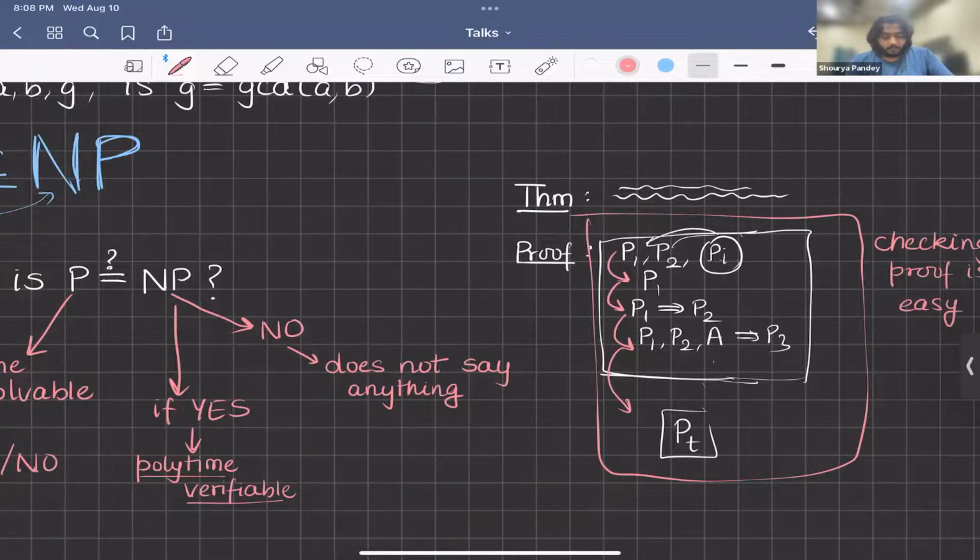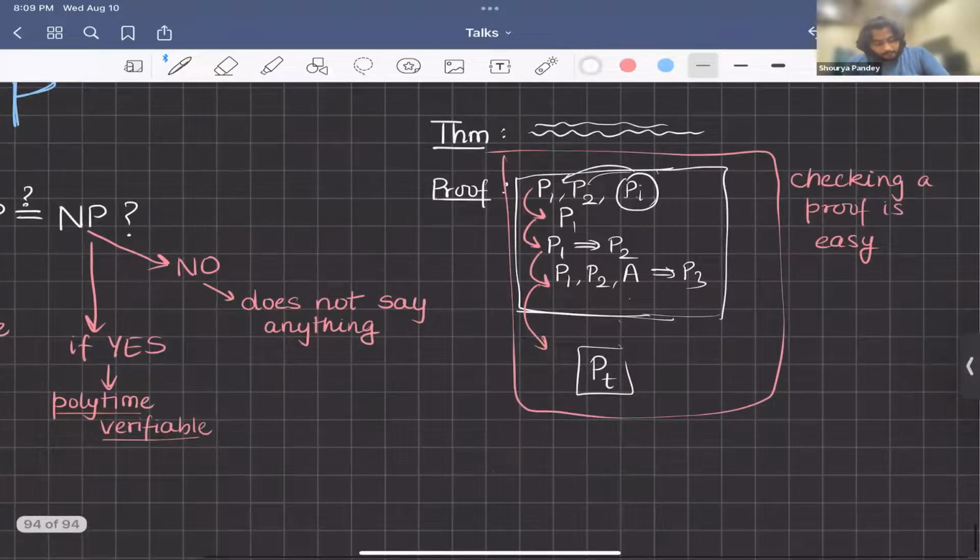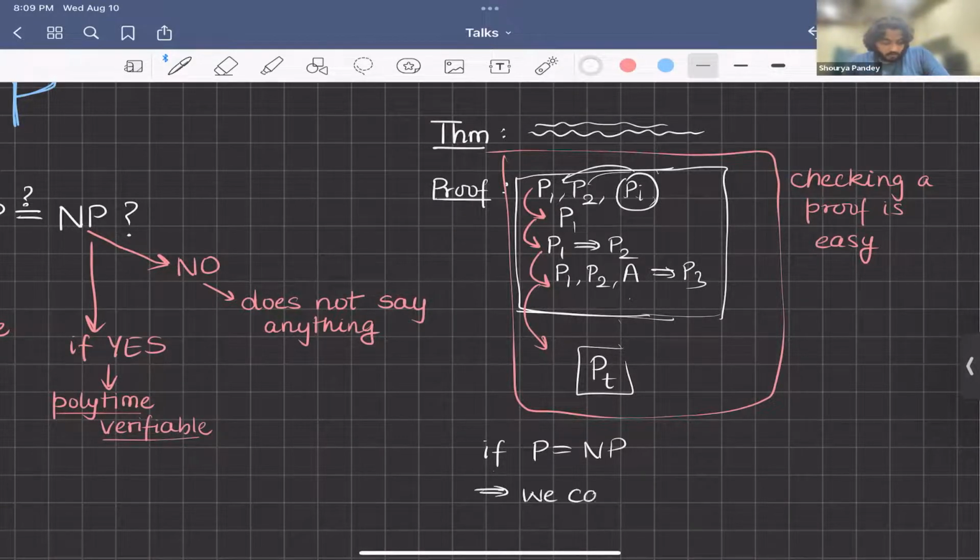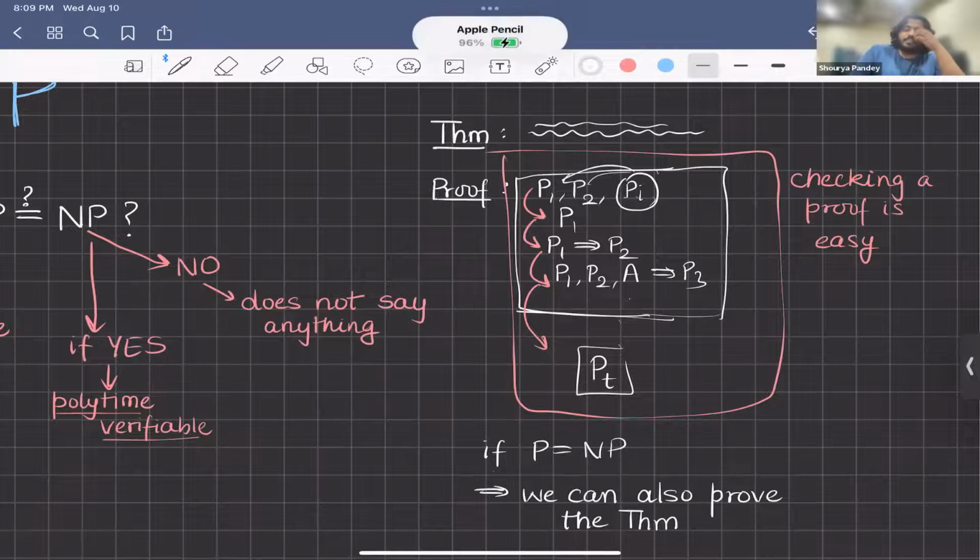But if P were equal to NP, what does this mean? It means that we can also prove the theorem in polynomial time. And why is that weird? It's weird because then we're saying that for any theorem, if it's easy for us to read the proof, then it's sort of easy for us to also come up with the proof in some sense.